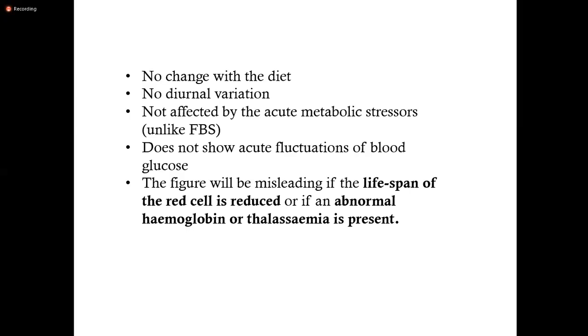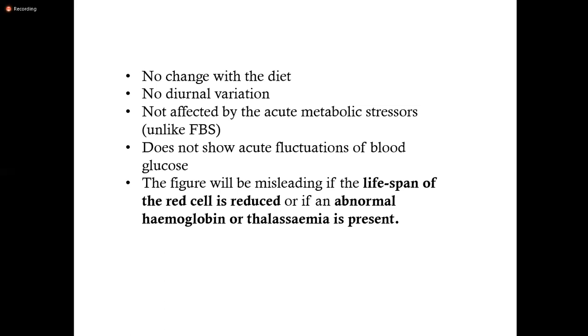And there is another disadvantage. What is that? See, if the lifespan of the red blood cell is reduced, say the patient is having hemolytic anemia, the red blood cell lifespan is reduced. So that can reduce or change the HbA1c level.